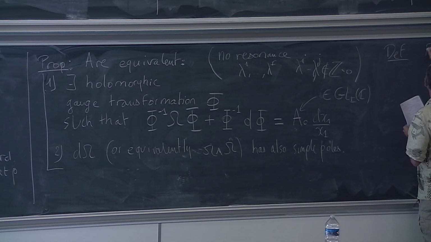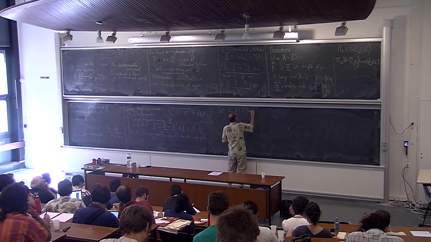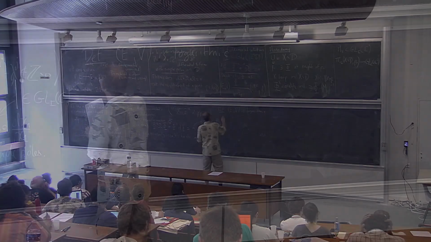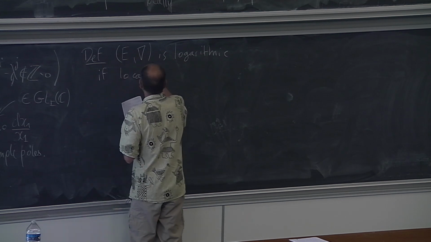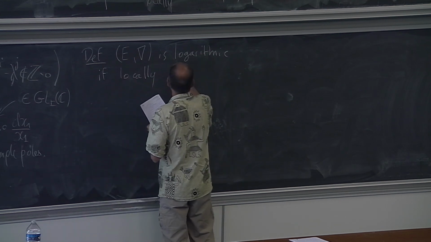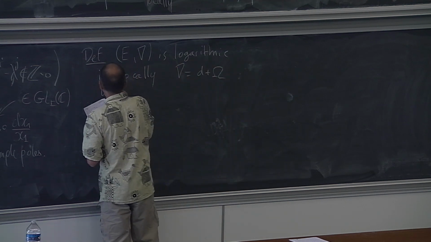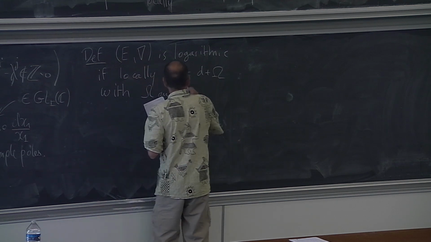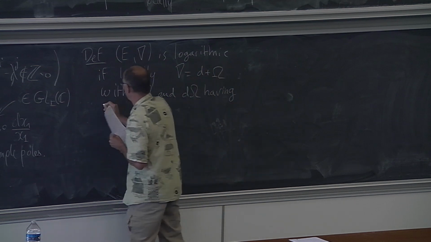So E with nabla is logarithmic if locally nabla equals d plus omega, with omega and d omega having simple poles.